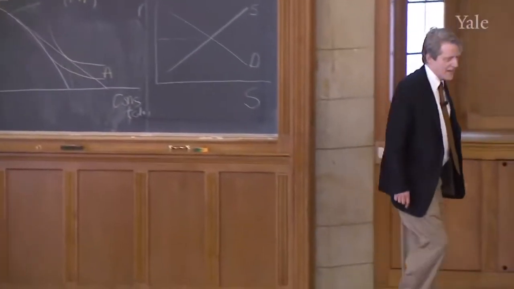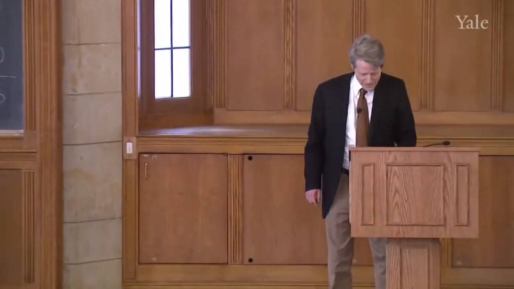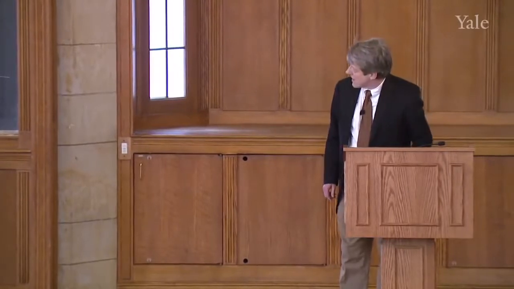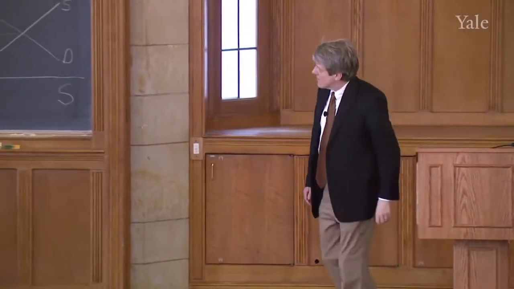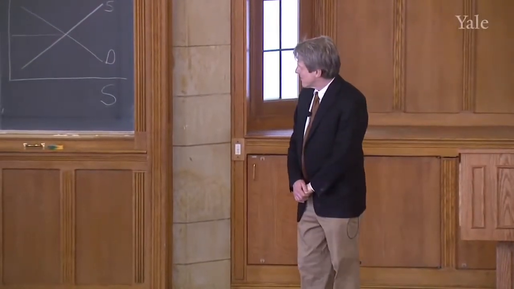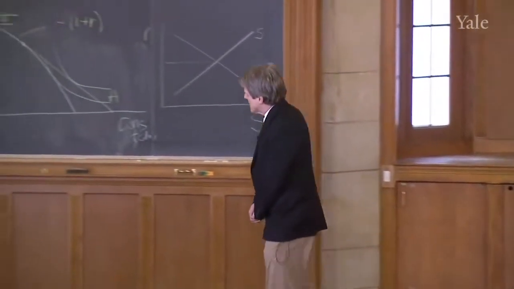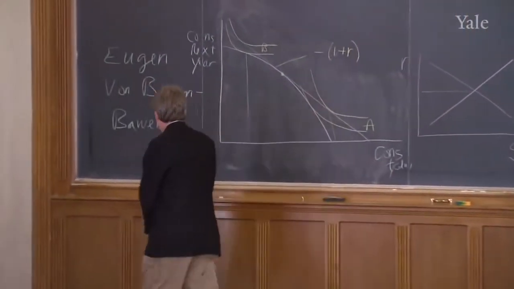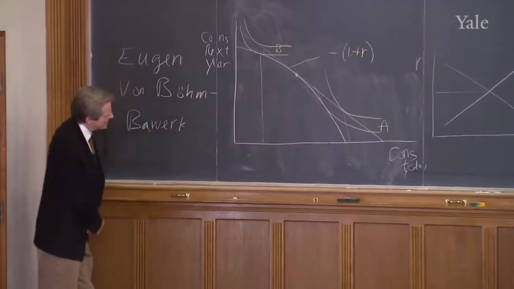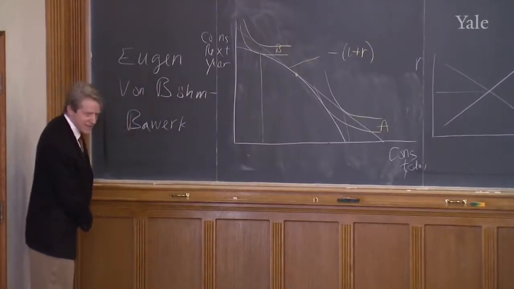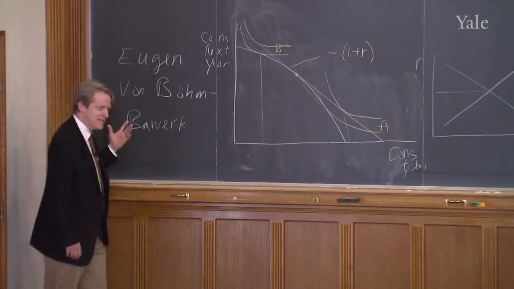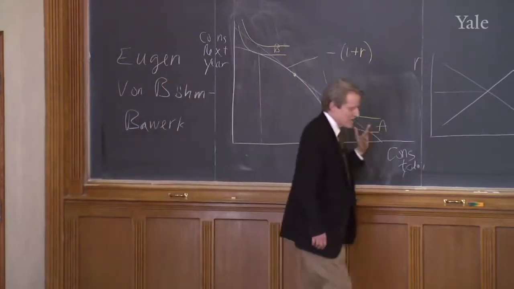So that is the Fisher theory of interest. And now it's much more complicated. You can see how all of Eugen von Boehm-Bawerk's causes play a role. But the interest rate is not something you could have read off from any one person's utility. It's not just impatience. We're both complicated people.